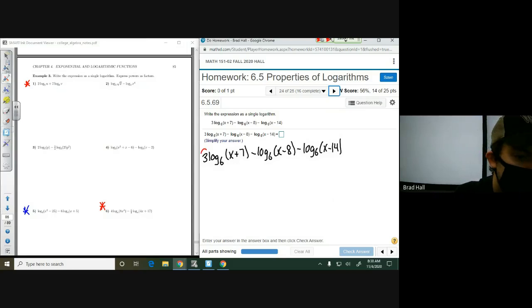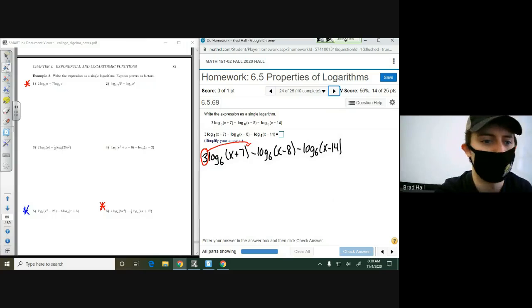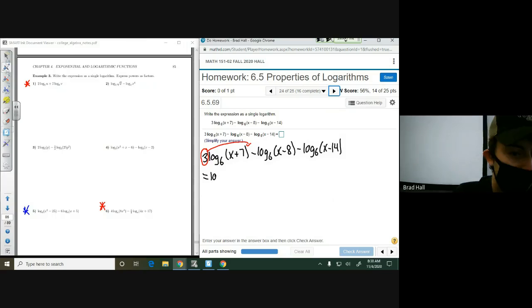Notice there's a 3 in the front. We want to write that as a power, because we have to get all of those factors out of the way before we can start combining logarithms together. It's x plus 7 to the third power, and then everything else carries over.